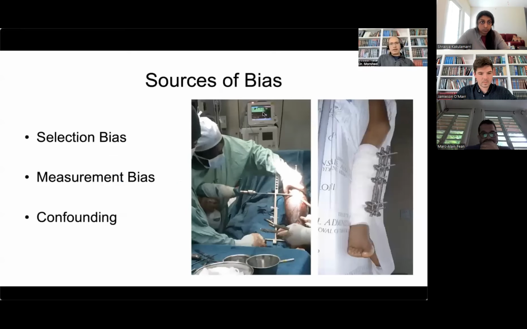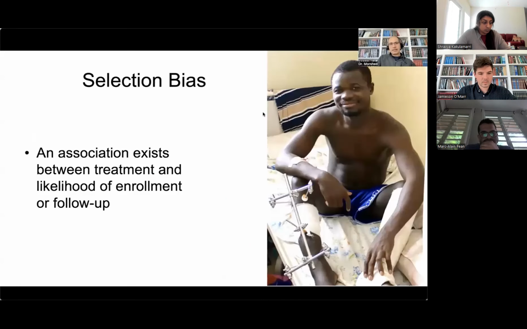So we think of bias in terms of three general forms. There's selection bias, measurement bias, and confounding bias. Selection bias is defined as an association existing between treatment and the likelihood of enrollment or follow-up in a clinical study. And I think really the easiest way to think about selection bias is loss to follow-up, right?